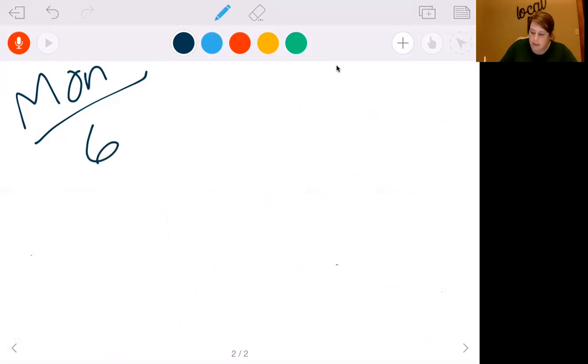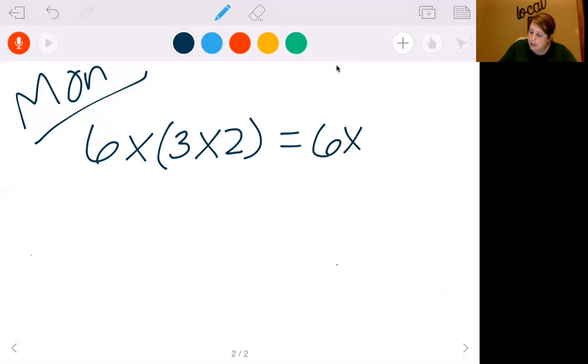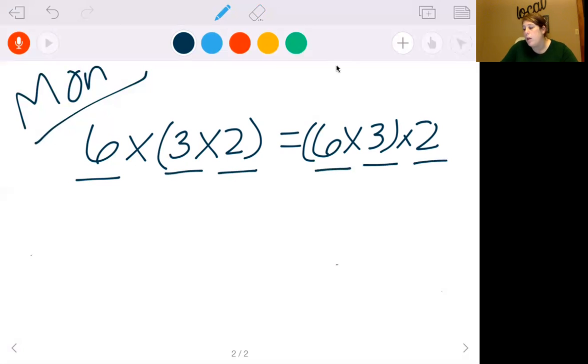If I gave you 6 times 3 times 2 equals 6 times 3 times 2. This is kind of like one they'll give you today. If you notice, the 6, 3, and 2 are in the same order. If they were not in the same order, it would be commutative.